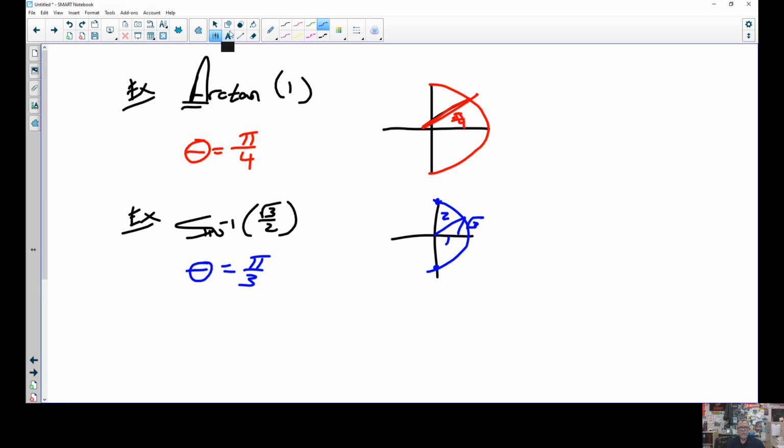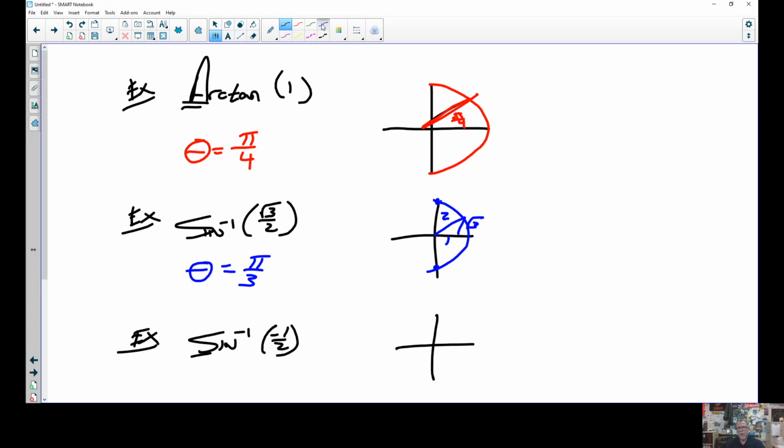Another example. Let's do sine inverse, again, principal value, of negative 1/2. All right, so again, where is this going to happen?